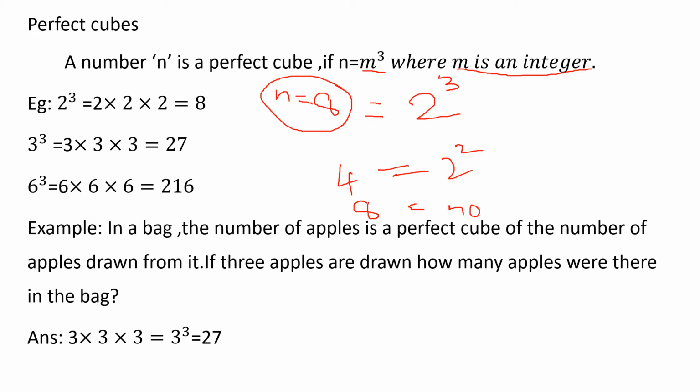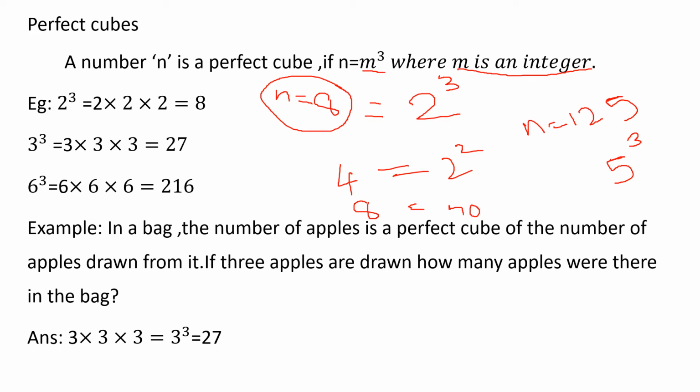So you know what a perfect square is. The same concept applies to a perfect cube, if we are able to represent the number as a cube. For example, 27 can be represented as 3 cube. Now I am taking n is equal to 125. Whether 125 is a perfect cube? Yes, because 125 can be represented as 5 cube.